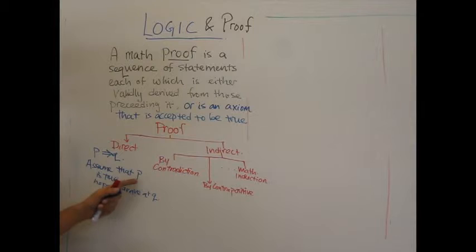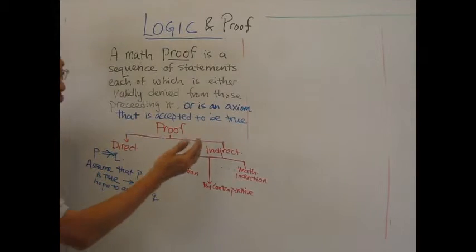That is, all the statements are true, leading to Q, then Q must be true. So this is a direct proof. Mathematicians prefer to have a direct proof whenever possible for a particular statement. Alright? So here we assume that P is true and then work our way towards Q. I'll give you an example later on.